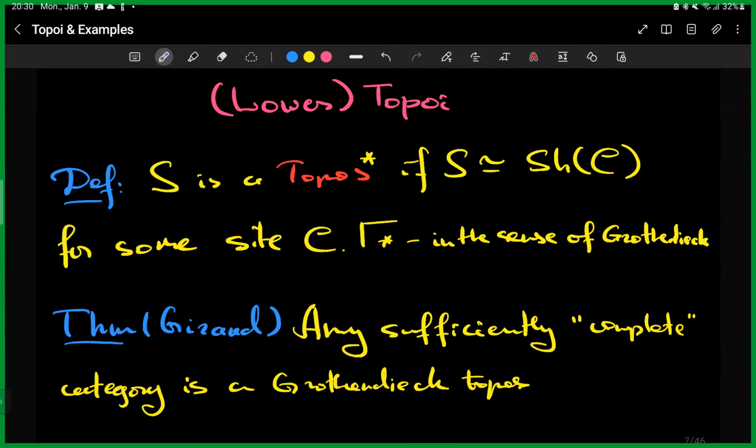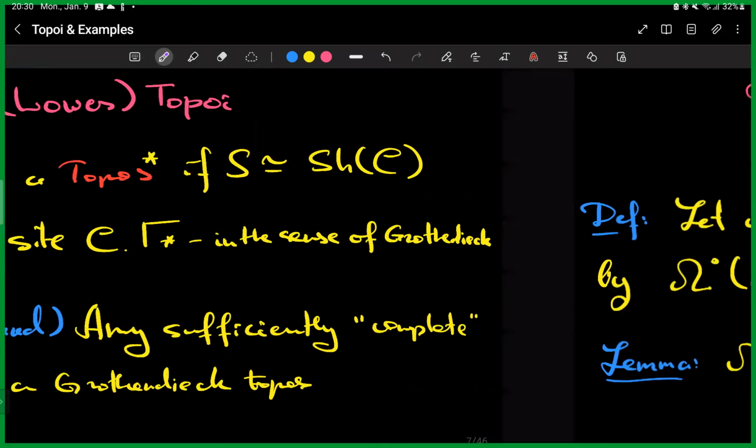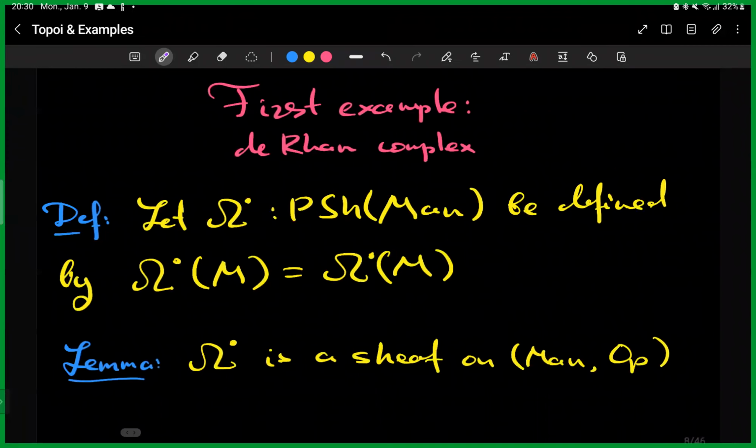Okay, that's just some very general theory, but let's try to see some applications of this approach. So when is it beneficial to pass from individual objects in a category to the whole category? Well, for example, we can define something that is known as the universal de Rham complex.